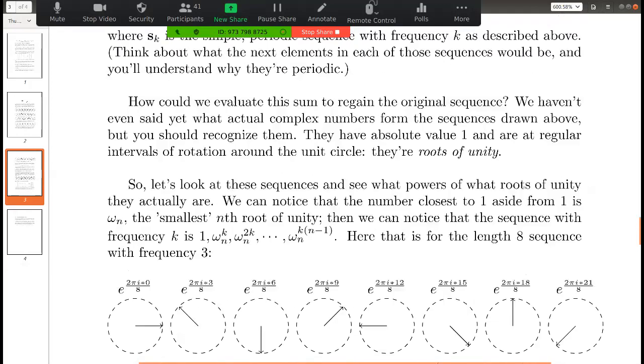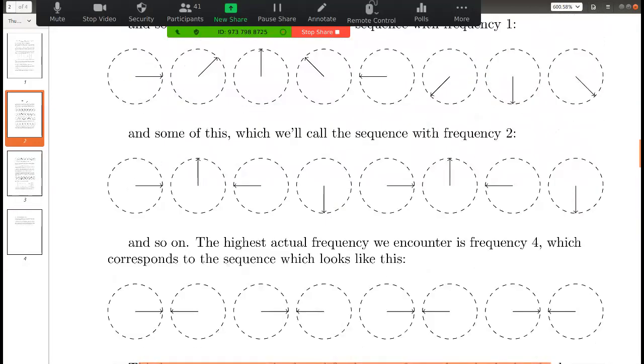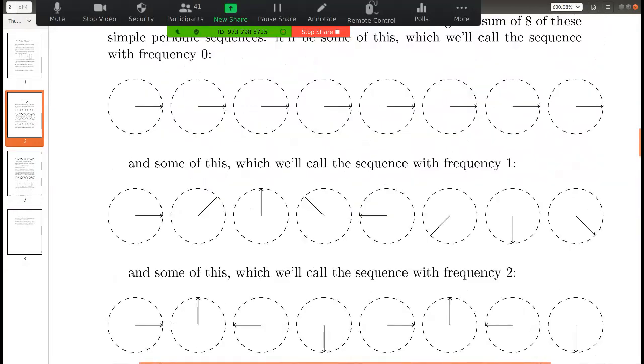This is how you can visualize the roots of unity. What I want to say is take a look at every other root of unity here. The 0th and the 2nd and the 4th and the 6th, right?